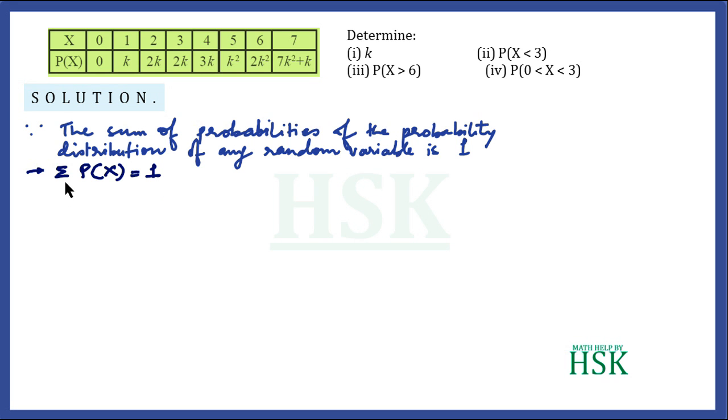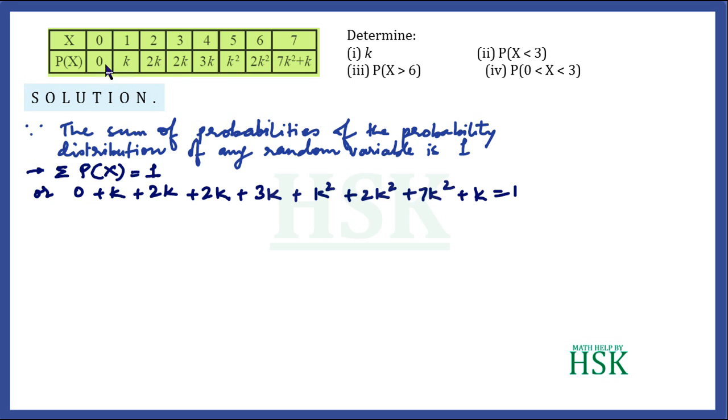Or we can also say that the summation of the probabilities of all the values of a random variable is equal to 1. This needs to be known to solve this question, and after this the question becomes very easy, because the total of all these values should be equal to 1. We can easily total all these values and write 10k² plus 9k minus 1 is equal to 0.